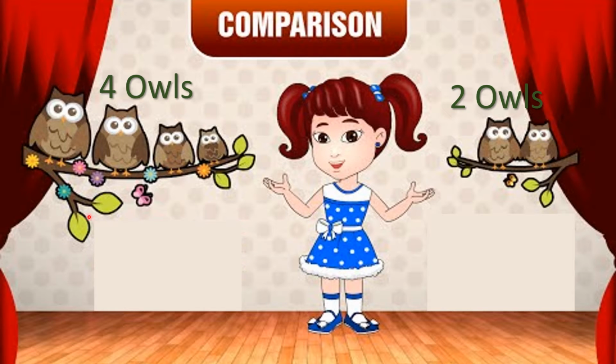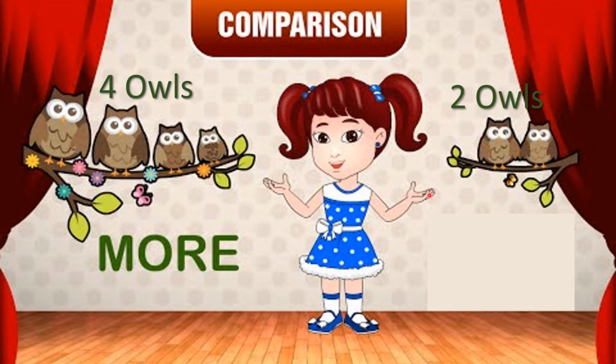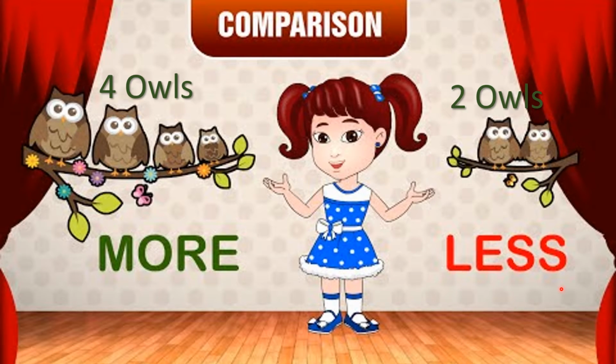Yes, very good. 4 owls are more compared to 2 owls. So let us write here less and these more. This is also nothing but comparison. Here we have compared the numbers 4 and 2. 4 is more compared to 2. Correct?